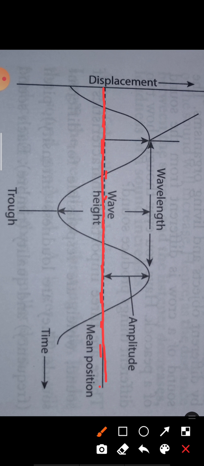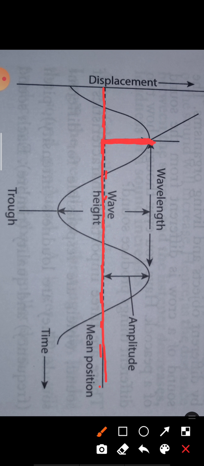Now the amplitude is the maximum displacement of the wave from its mean position. Which one is the maximum point of this wave? This one. So the distance from the mean position to the maximum point, that means the crest, is called your amplitude.